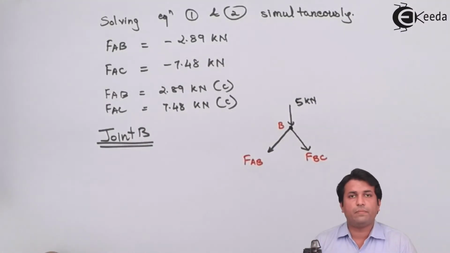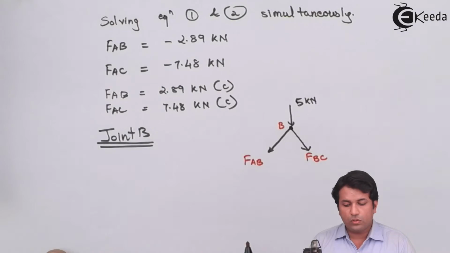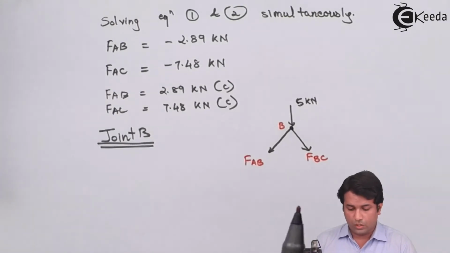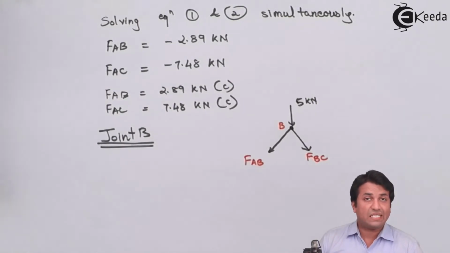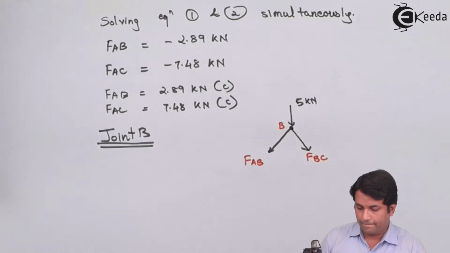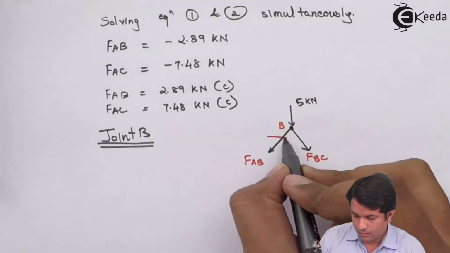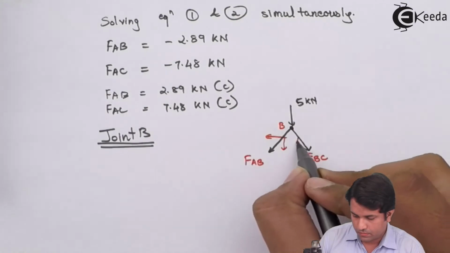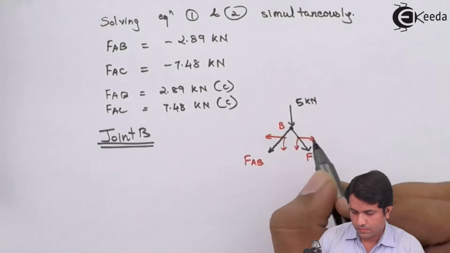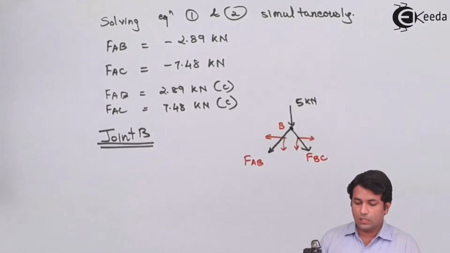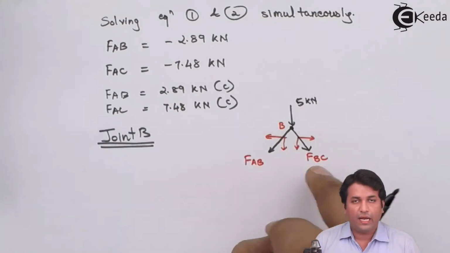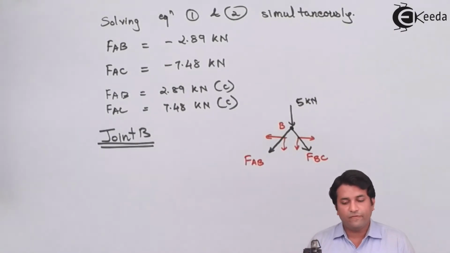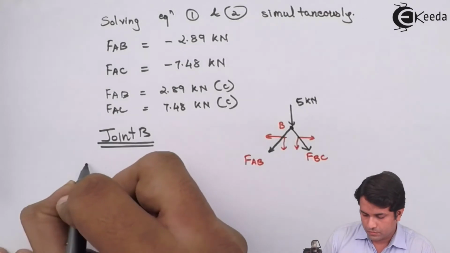We have got the force in member AB, and that force is a compressive force. So we have to just take care of that sign. When I'm resolving the forces, the angle I have is 60 degrees for both the forces.